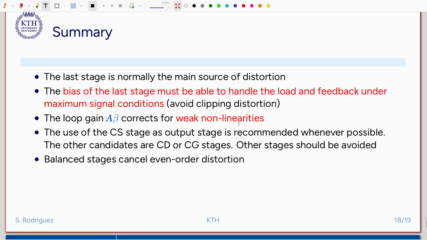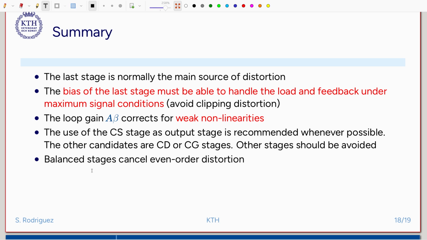As long as there is enough loop gain, the differential error will be minimized or attenuated. At higher frequencies, unfortunately, the loop gain will drop. It is unavoidable, so we expect to have stronger nonlinearity at higher frequencies. The use of the common source stage is recommended at the output whenever possible.